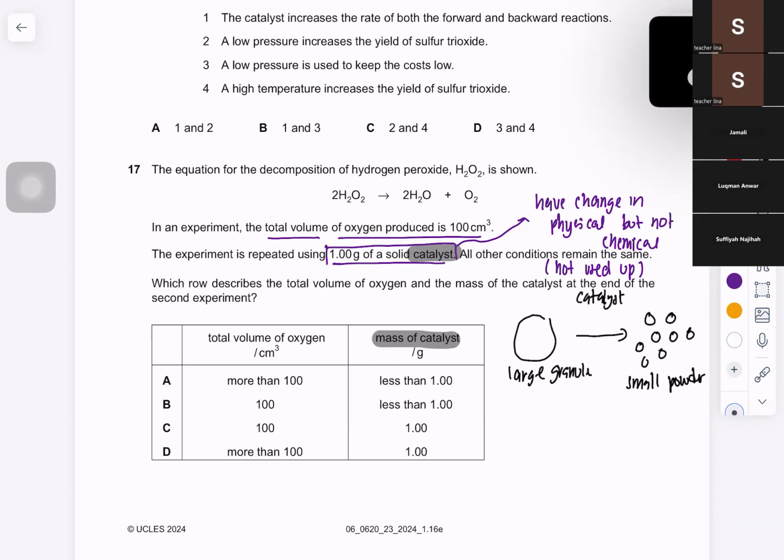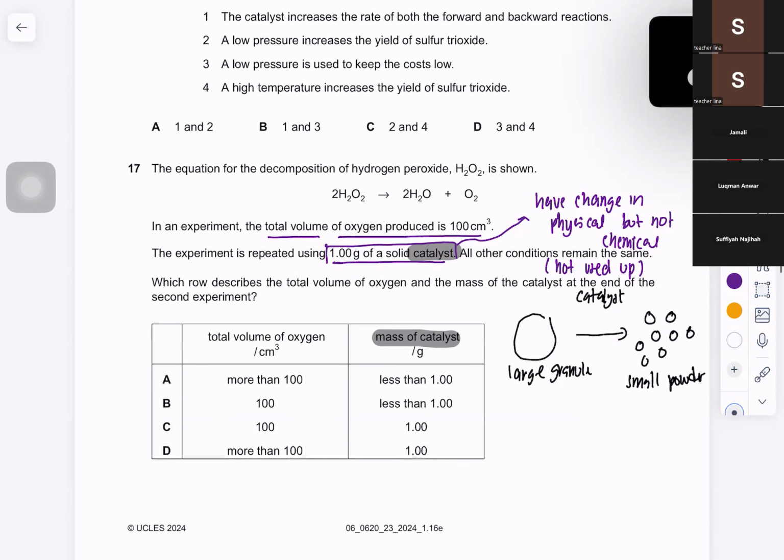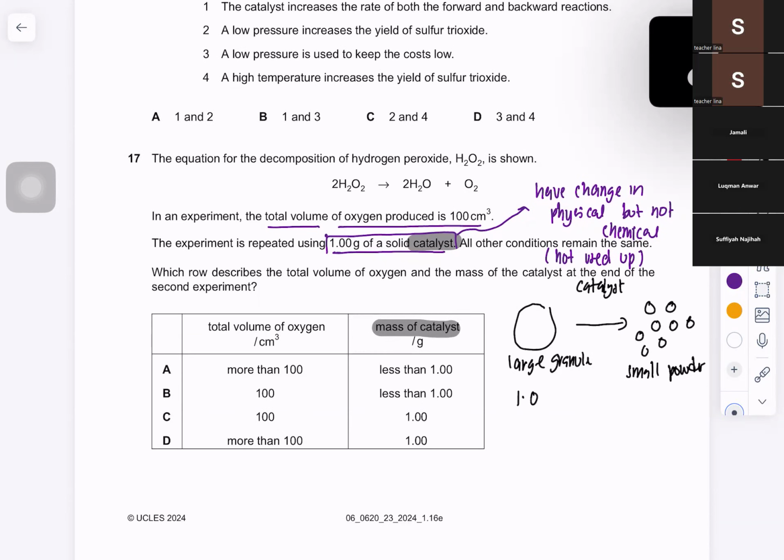It will not be used up. It just lowers the activation energy. It just speeds things up. If you put in 1 gram of large granule, you will get back 1 gram of small powder. You get back the same thing, the same mass. It will not be used up. The catalyst will not be used up in the reaction, meaning it will not disturb the amount of product.